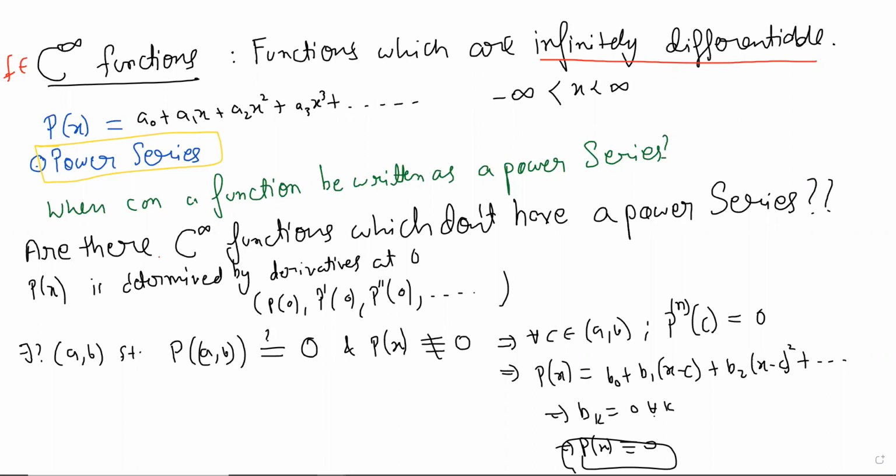Unlike polynomials, where an n degree polynomial vanishing at more than n points becomes zero, in this case it is not so simple. Power series can vanish at infinitely many points, but if it vanishes on an interval, even if it's very small, at a continuous interval, then that implies that it is just zero everywhere.